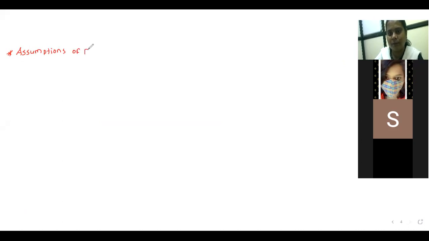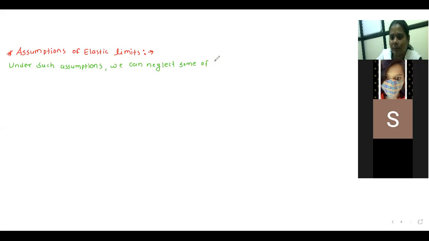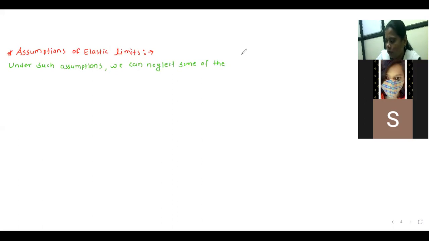Under such assumptions, we can neglect some of the inflectional factors of minor importance.